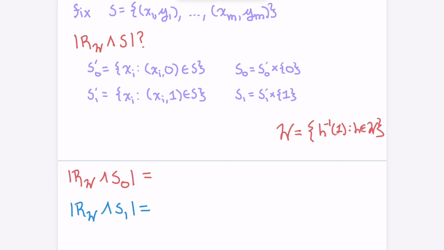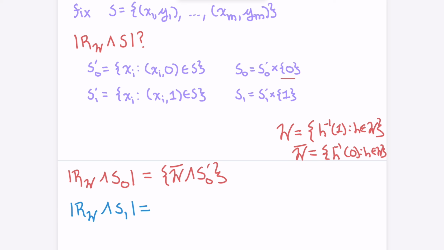S0 is everything that's getting multiplied by 0. If I think of H bar as all the complementary, all the things that map to 0, this will be H bar and S0 prime.